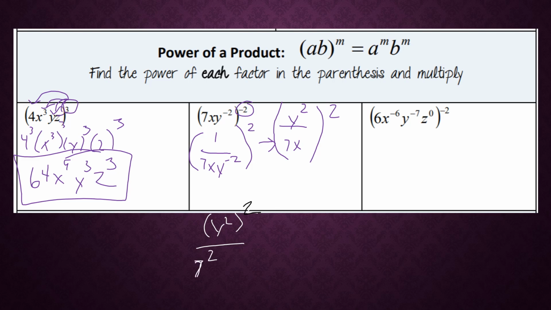Seven to the second power and the x to the second power. So that becomes y to the fourth over 49x squared.